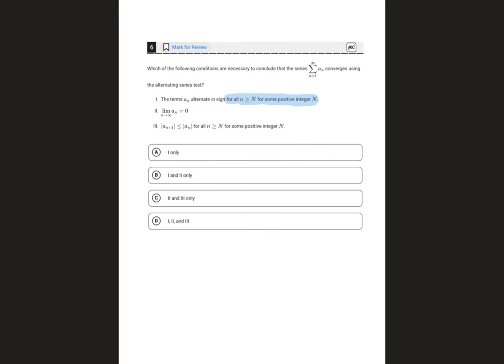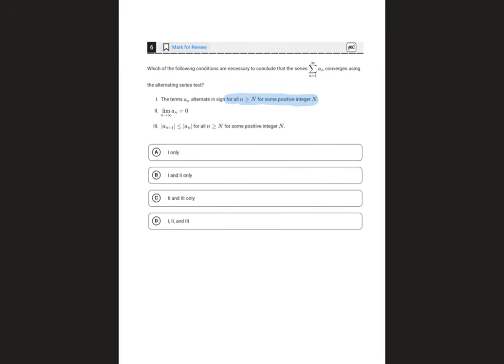So in this case, it doesn't matter what the first capital N-1 terms are doing. But starting with the capital Nth term and on, when the terms are greater than that, then it has to alternate signs.